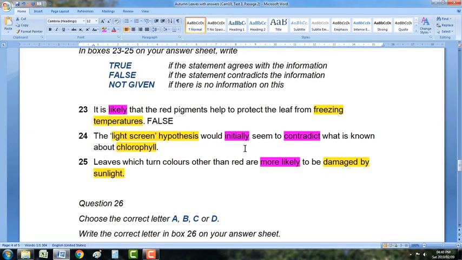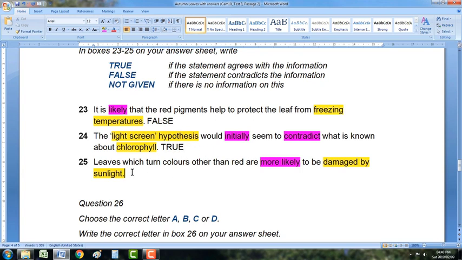Because initially it sounds like that, but blah, blah, blah. And paradoxical is that. So initially this hypothesis does contradict what we know or what we think. It is paradoxical. And that's why that's true. It's super difficult. We've got a false, we've got a true.